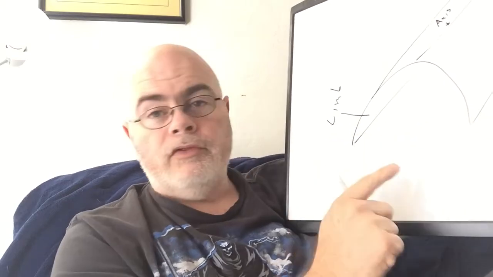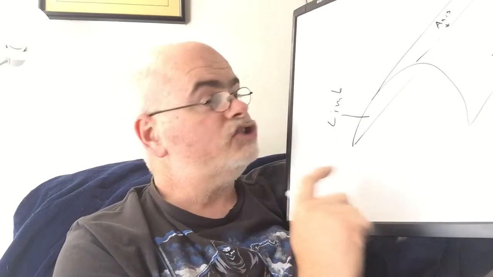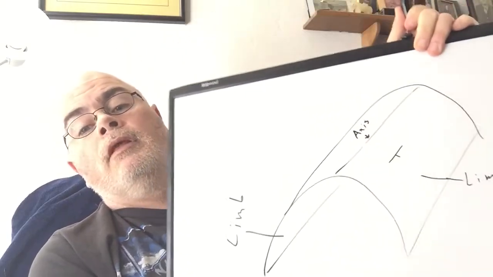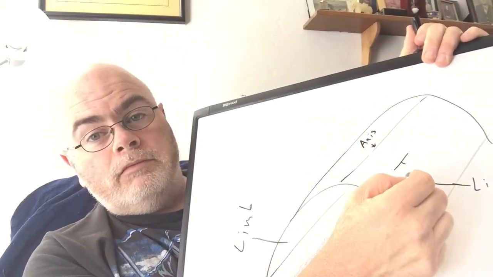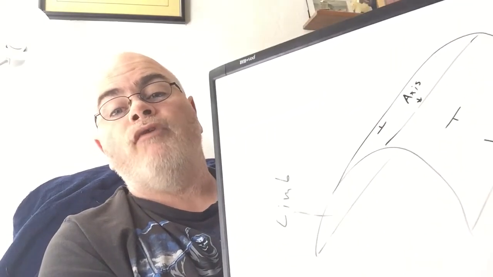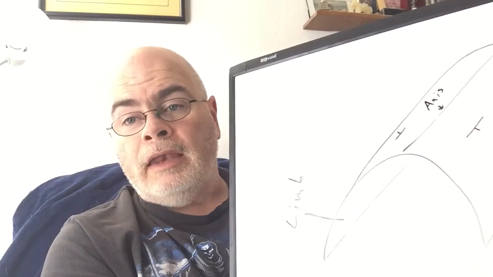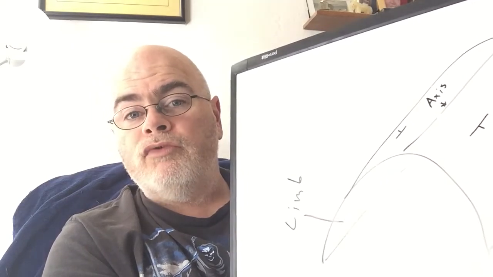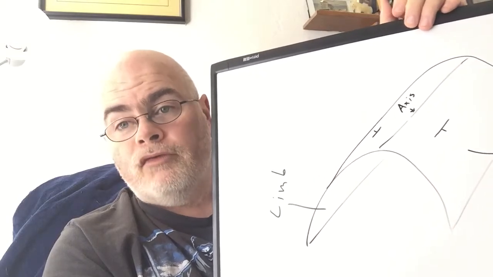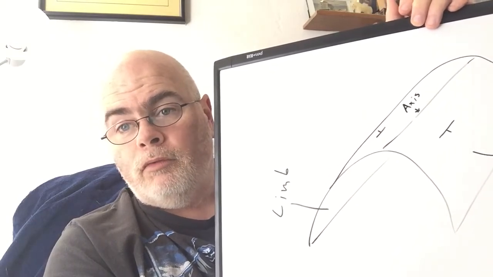Okay? The other thing you can do with this is if we look at strike and dip, we can draw strike and dip with a symbol that kind of looks like a T, like that. This would be our strike and dip symbol. If we draw that on both sides of the fold, we see that in anticlines, the limbs are going to be dipping away from the center of the fold.